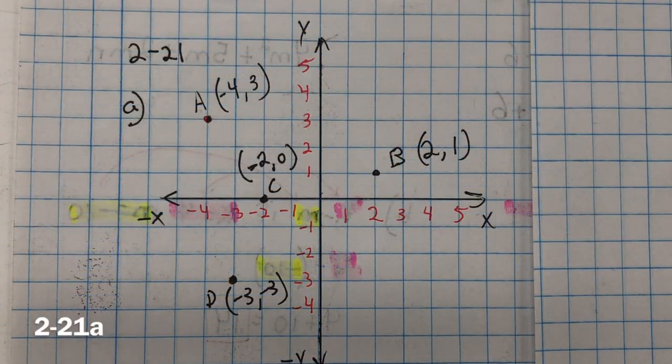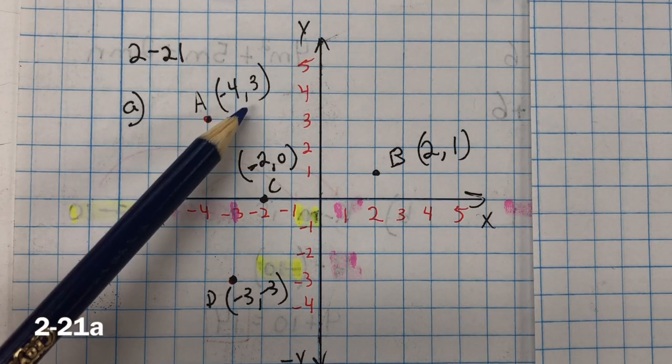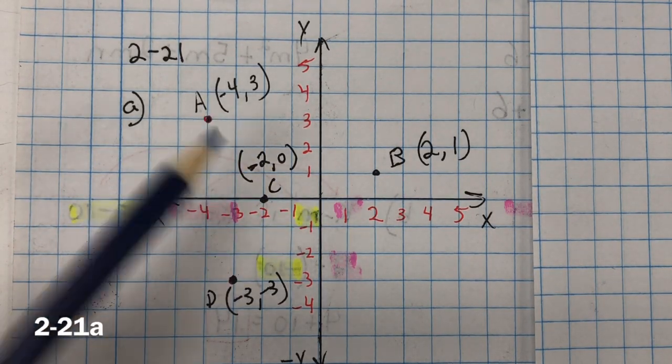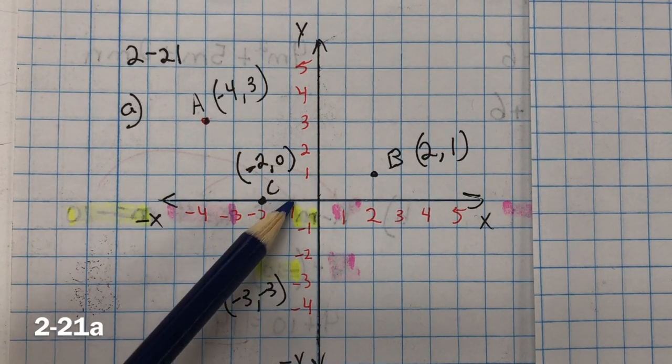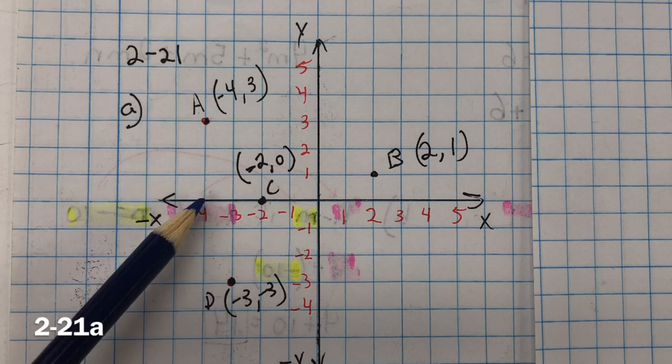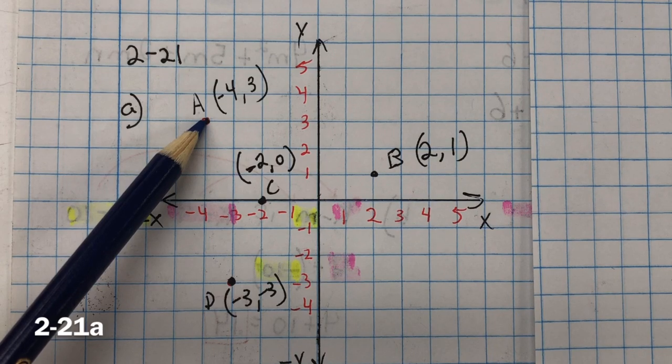In problem 221A, you need to name the coordinates of points A, B, C, and D in the form of x, comma, y. So that's an ordered pair. So A is at negative, remember, always start at the origin, -1, -2, -3, -4 on the x, +1, +2, +3 on the y.